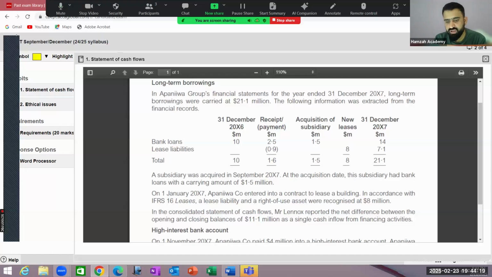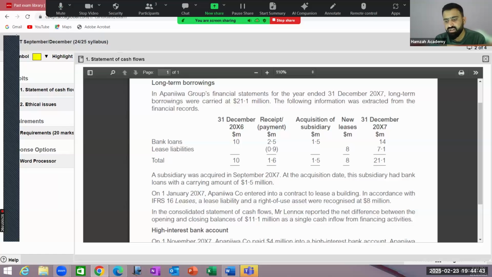One is the bank loan at December X6. In December X6, we have 10 million in a bank loan. It is an outstanding liability. Then 2.5 million, we have a receipt in the form of cash inflow.